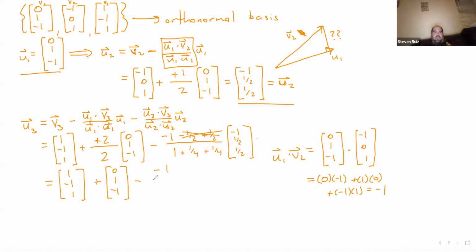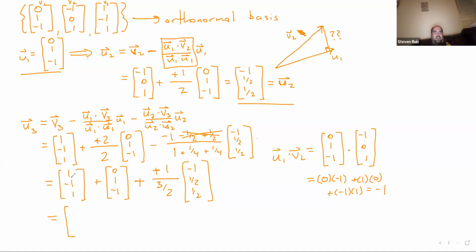So I get -1 over 1 plus 1/2, so 3/2, times -1, 1/2, 1/2. Looks like I'm adding again. So what is 1 over 3/2? That's 2/3.